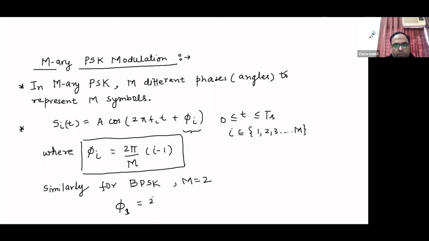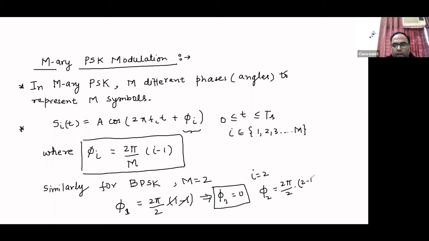So phi 1 can be equal to 2 pi divided by 2 into (1 minus 1), so it will be equal to 0, right? So you can say that the angle phi 1 is equal to 0. Similarly, for i equal to 2, the angle will be phi 2, and the value of phi 2 will be 2 pi by 2 into (2 minus 1), which gives you the angle pi, right? So phi 2 will be equal to pi.